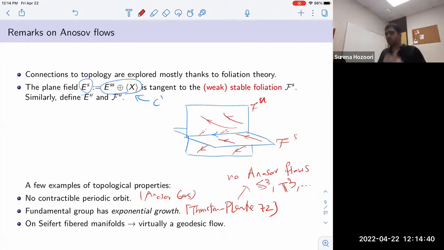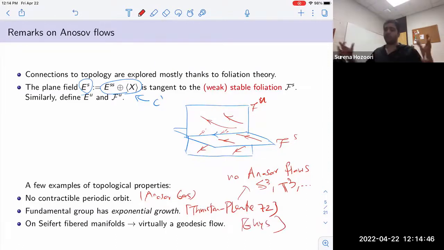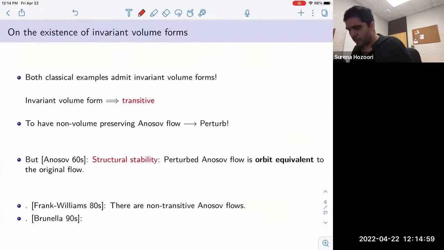And finally, Ghys, with another proof by Barbot later on, showed that if you have a Seifert fibered manifold, up to going to a finite cover, any Anosov flow would be equivalent to a geodesic flow example, which I discussed. Okay.